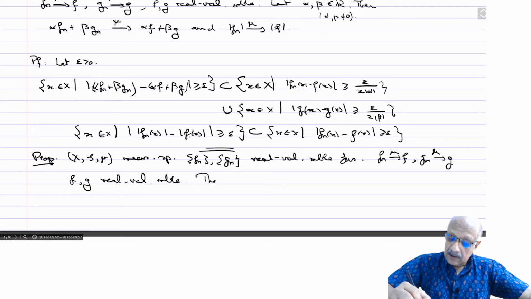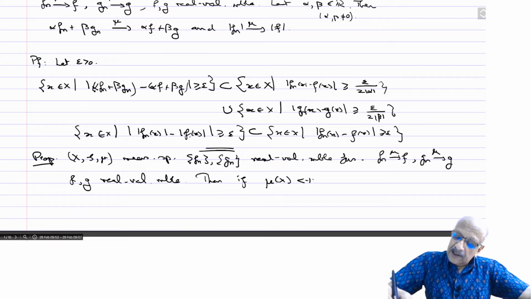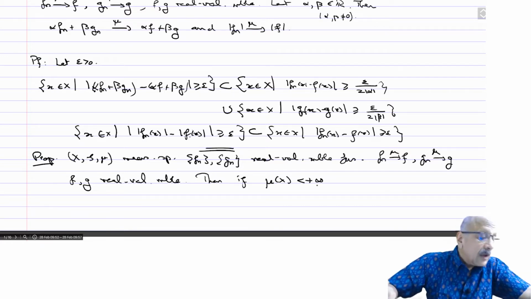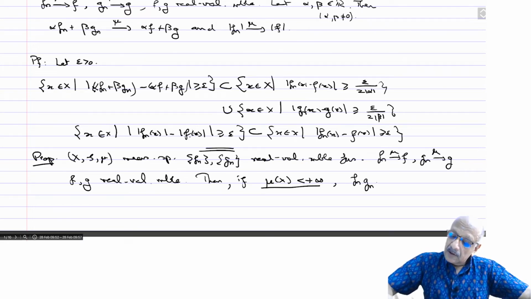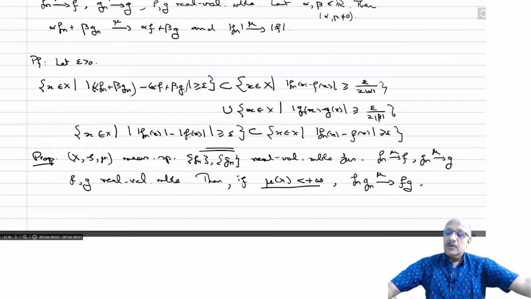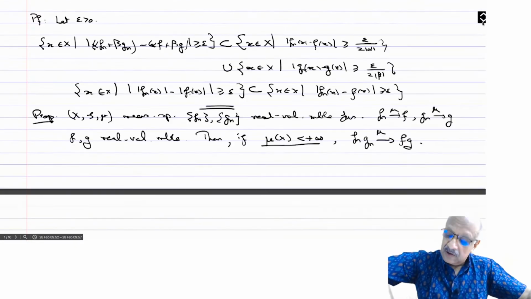Then if mu(X) is finite, so now we have a condition here, f_n g_n goes to fg in measure. So there is some extra restriction in this.